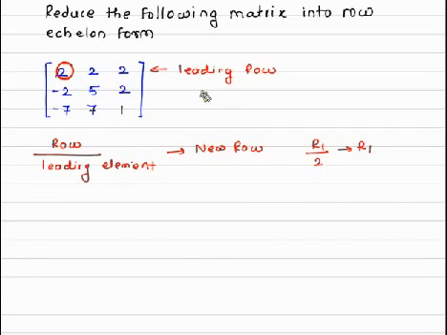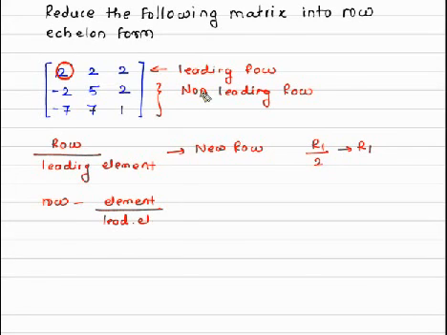Similarly for the non-leading rows, these two are non-leading rows for this particular position. The row operation is row minus element upon leading element into leading row gives the new row.